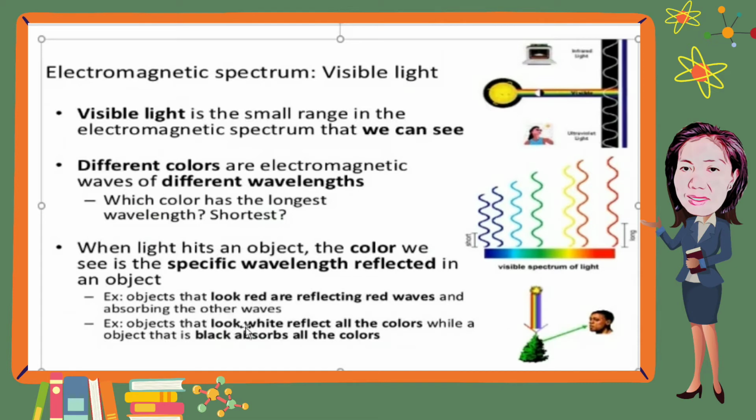So paano kaya pag white color? What does it mean? So object that look white reflects all the colors. So ano bang mga object na color white? Like for example, cloud. Okay, ang ibig sabihin nun, lahat ng colors nag-reflect. Lahat ng color waves nag-reflect. Kaya it looks white. Pero naman, pag color black, what does it mean?